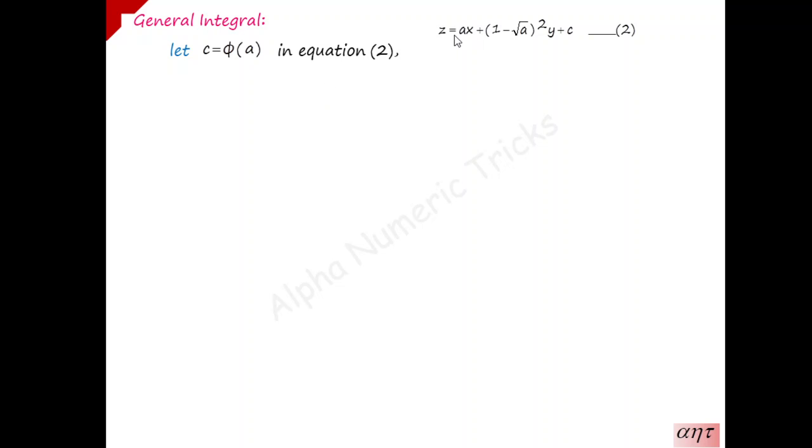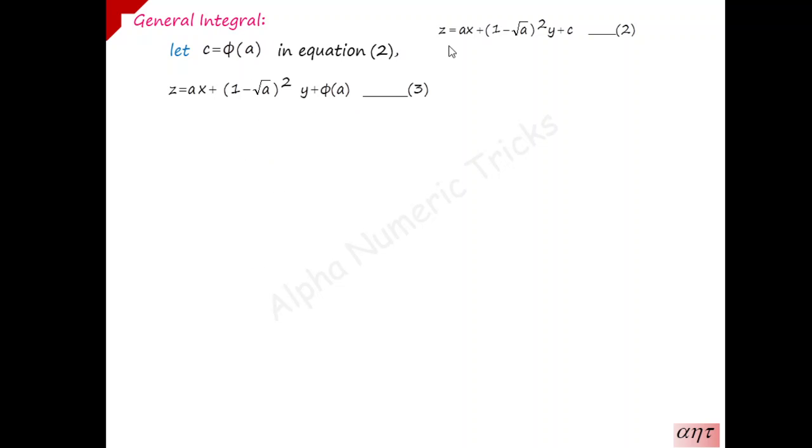Here in our complete integral we have z = ax + (1 - √a)² y + c, that is, two arbitrary constants are there. We have to write one constant as a function of the other, and substitute this in equation 2. So it becomes z = ax + (1 - √a)² y + φ(a), or you can use a = φ(c) also. Both are true. Okay.